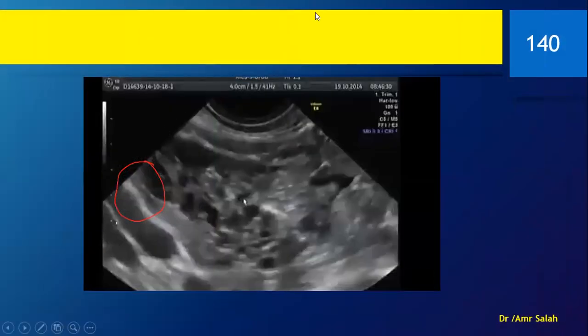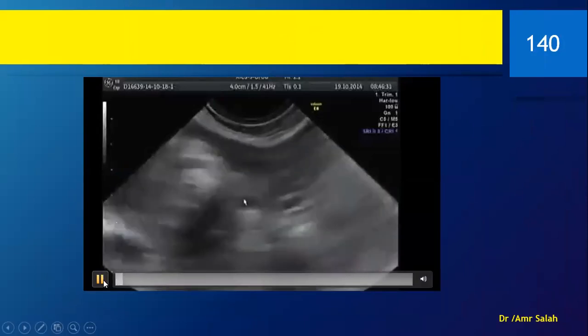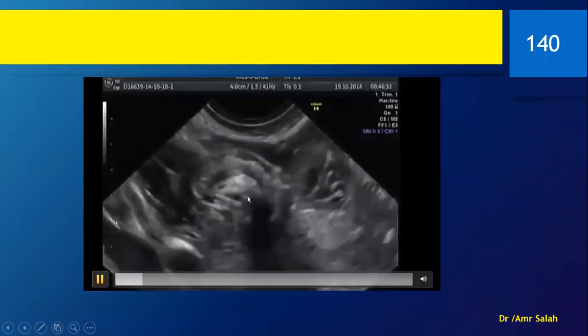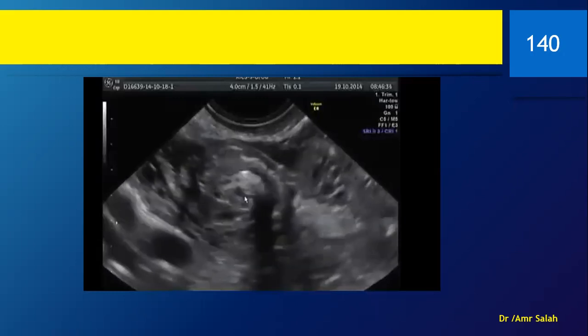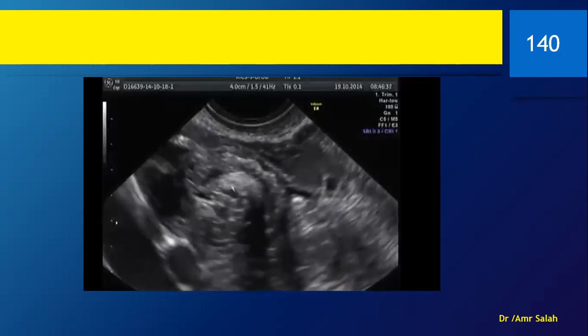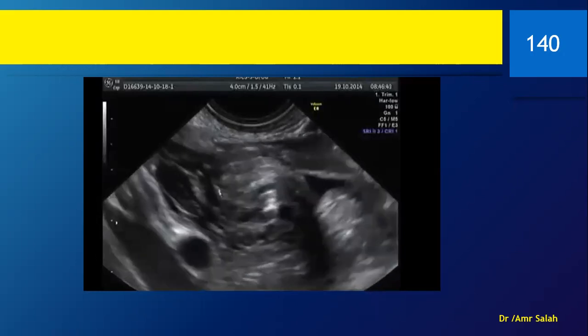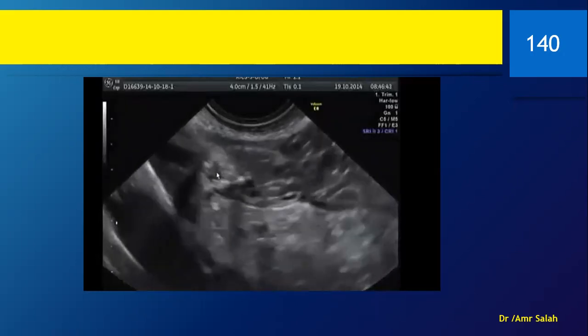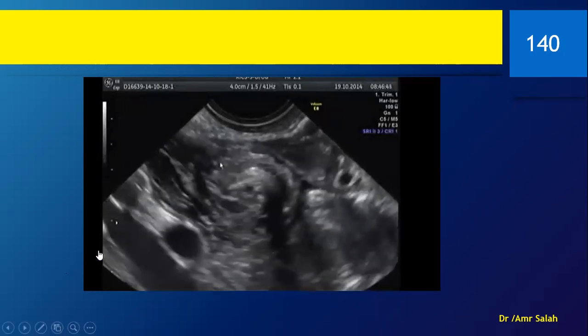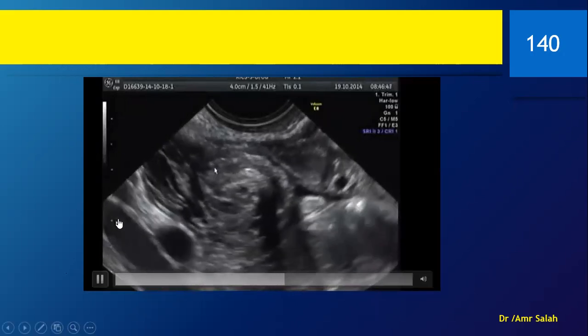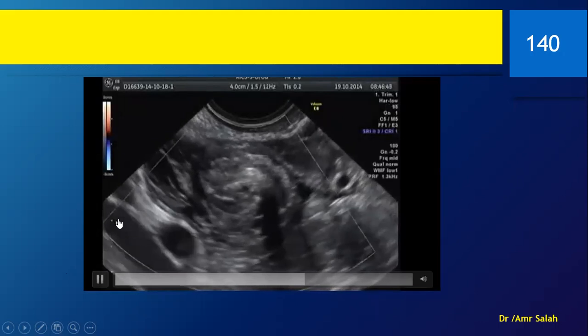Okay, this is a video. Let's see it. This is the spiraling vessels around itself by the B mode. Now we will have the Doppler on, spectral Doppler, that will make it look much clearer.